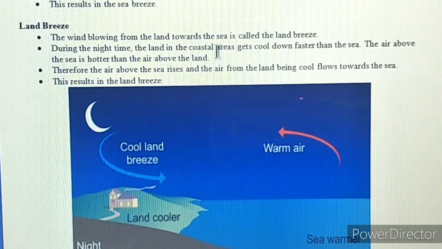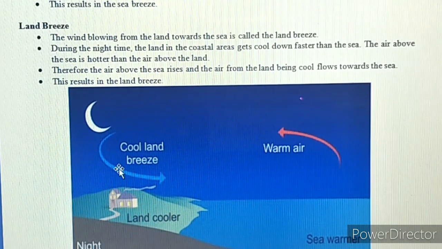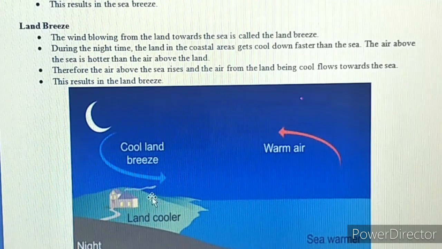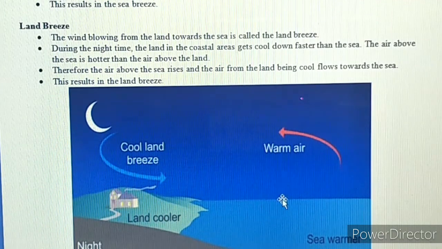During the night time, the land in the coastal areas cools down faster than the sea. The land heats up very fast and also cools down very fast, while the air above the sea works a little slower.